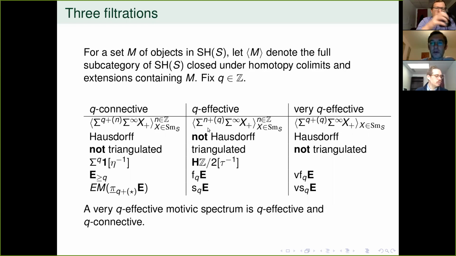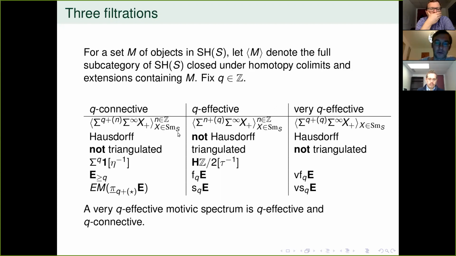And you have the q effective subcategory, where you let the simplicial suspension walk through all the integers. But the weight is fixed now. And you have the very q effective motivic spectra, where there's no integer wandering around. It's just the smooth schemes that sort of index this.